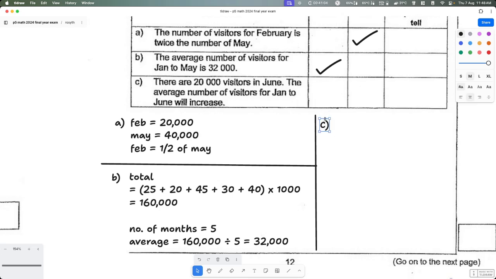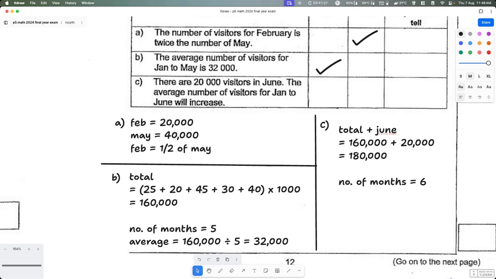So we know the total plus June is equal to 160,000 plus 20,000. This will give us 180,000, and then the number of months is equal to 6.